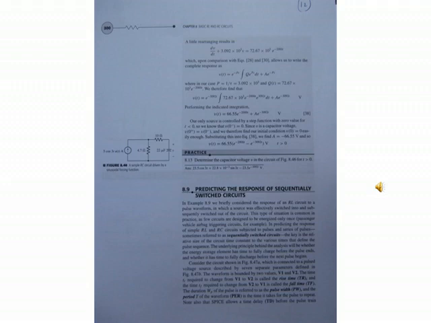Then we write the Kirchhoff voltage law equation: 23.5 e power minus 2000t equals 14.7 multiplied by 22 multiplied by 10 power minus 6 dv by dt plus v.